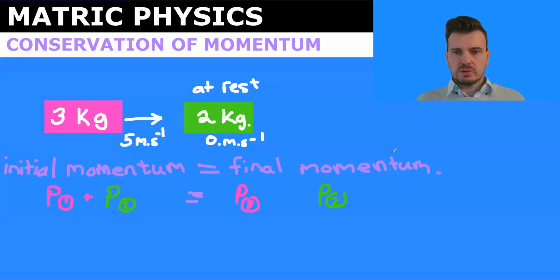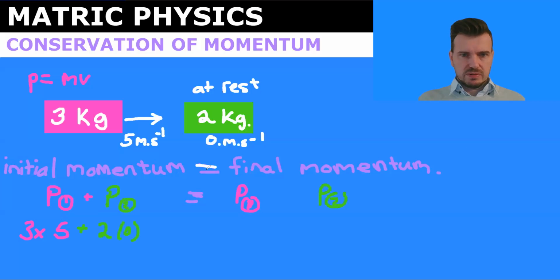So what we would do is we would start by getting the initial momentum of the first. So that's 3 times 5, because P is equal to mv. And plus the momentum of the second object is going to be 2 times 0. Okay, and that's going to equal, so what if they join together?